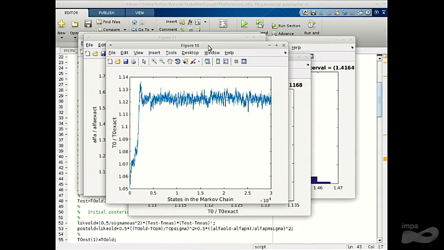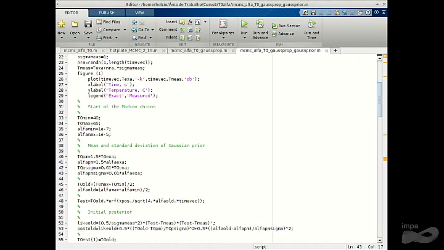So we had the effect of the likelihood, okay? But we also have the prior that is pushing the values towards the means that were specified with a very small standard deviation, okay? With a very small standard deviation. Okay, questions?